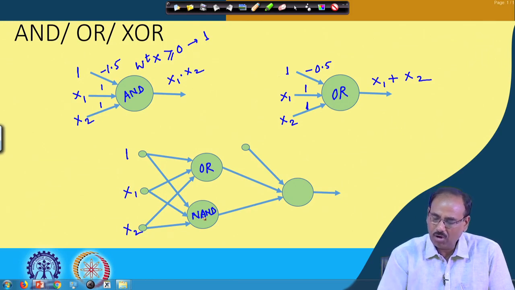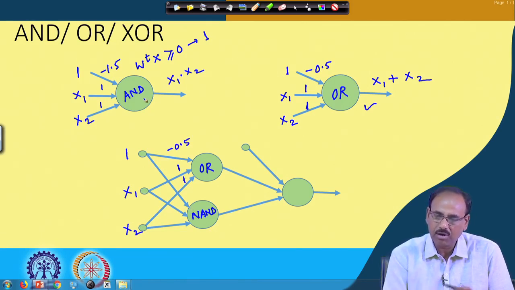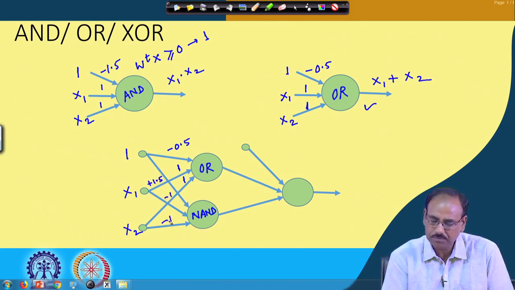For implementing the OR function, just as we have seen over here, our weights will be minus 0.5, 1 and 1, and for implementing a NAND function, it has to be just the complement of AND. So, weights for implementing the NAND function will be plus 1.5, minus 1 and minus 1.